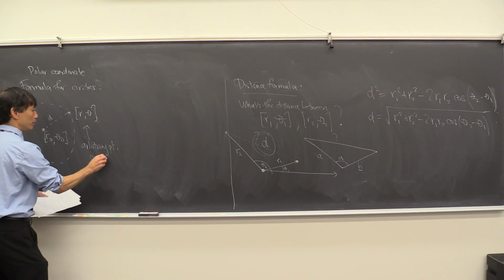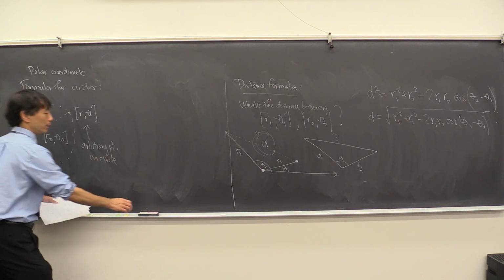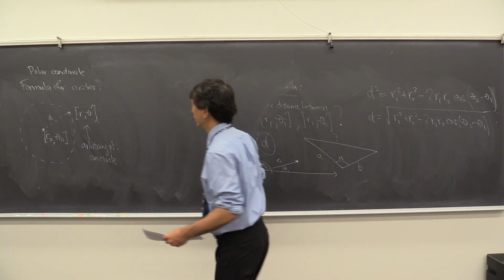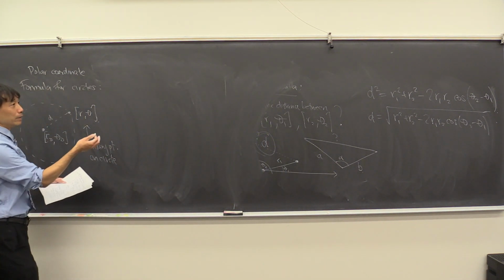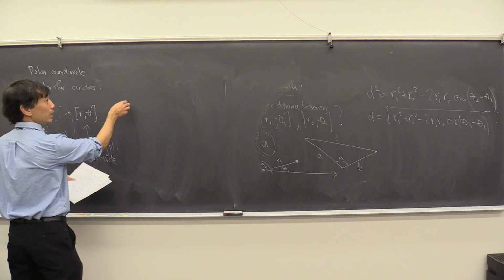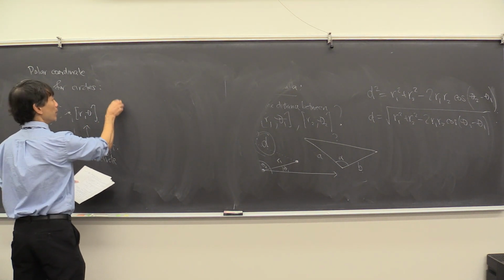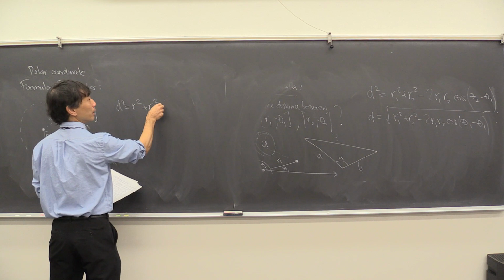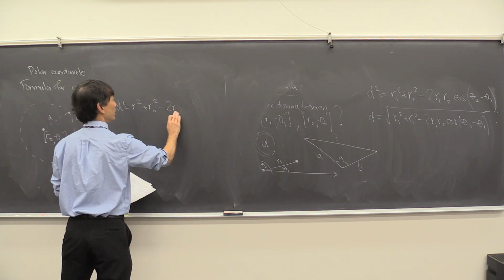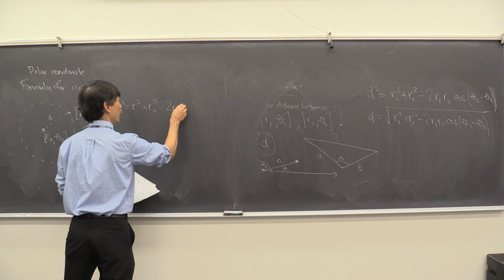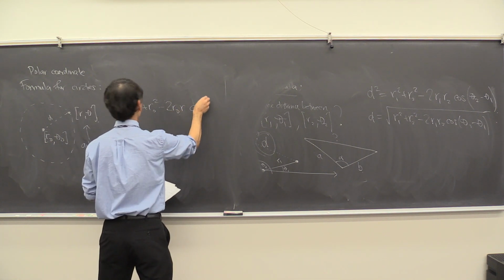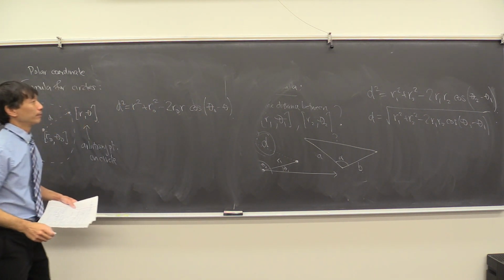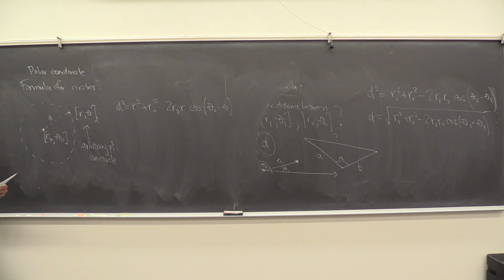We want to describe that, and so what it has to be is that d squared is equal to r squared plus r naught squared minus 2 r naught r cosine of theta naught minus theta. So that's your formula. That's your formula for the circle.